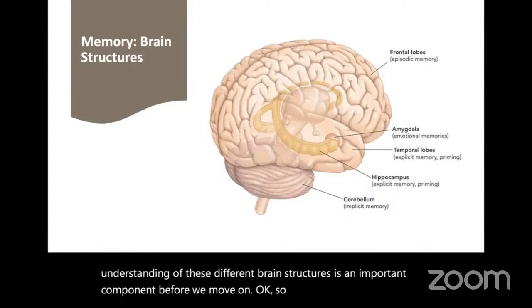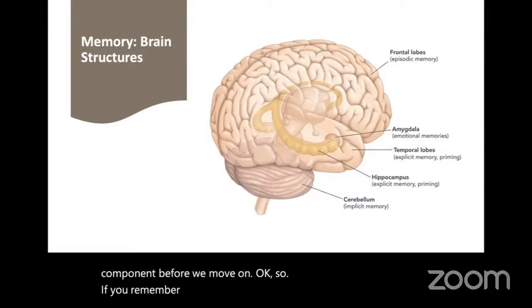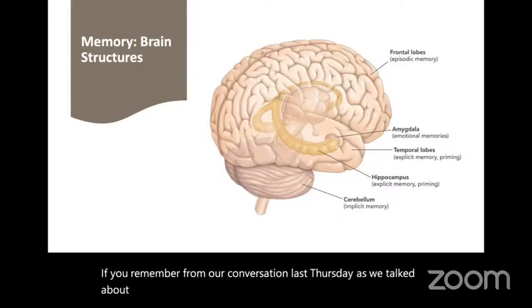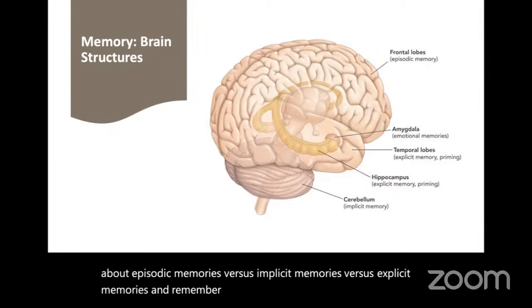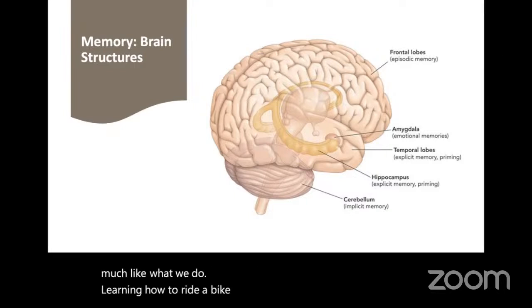So if you remember from our conversation last Thursday, we talked about episodic memories versus implicit memories versus explicit memories. And remember, explicit memories are things like learning how to ride a bike, learning how to solve a math problem.